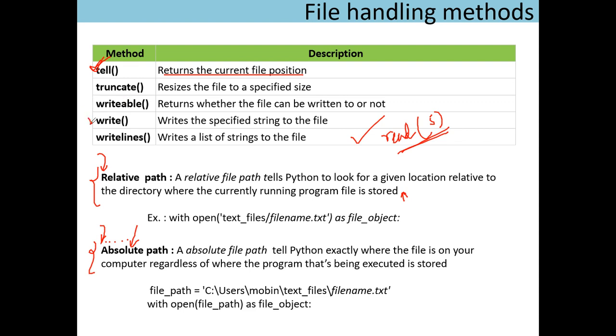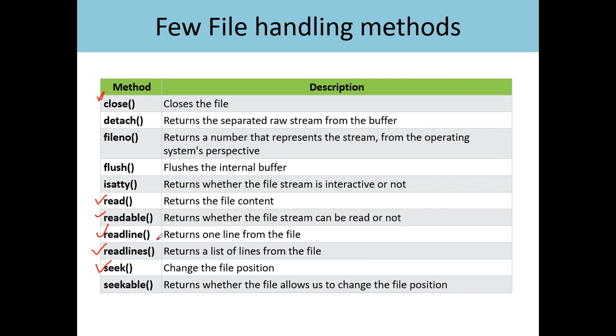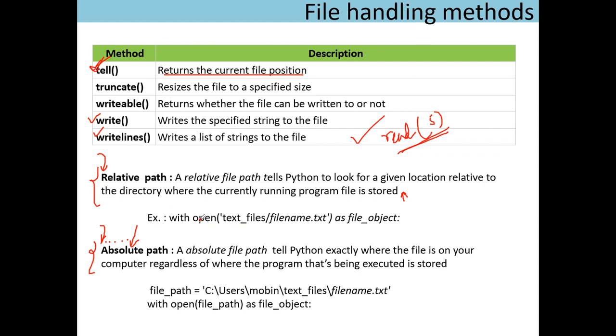Then you have write and writelines. Now seek: seek will put your file pointer at a particular place. Suppose you use seek 10. If your file pointer is here, it will put the file pointer at the 10th position.